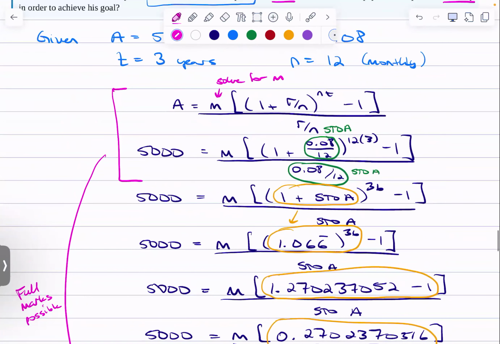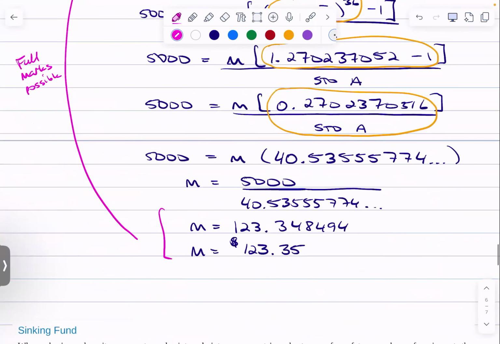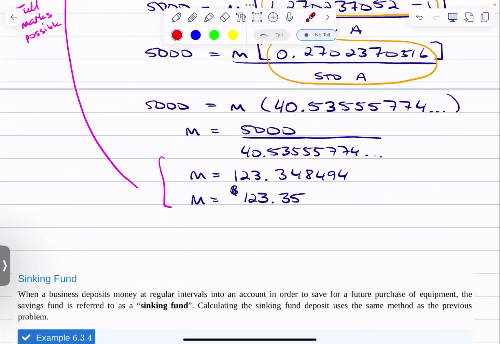So if you show me your empty formula with the numbers all filled in, then as long as you end up with the right answer, now I want to see the unrounded values, right? And then the rounded values. It's not until the very, very end that we get to round.